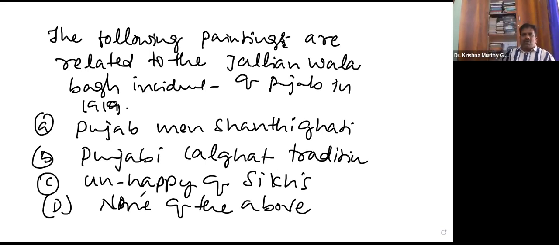Following paintings are related to the Jallianwala Bagh incident or massacre of Punjab in 1919? Can you guess? Vishwas and others.